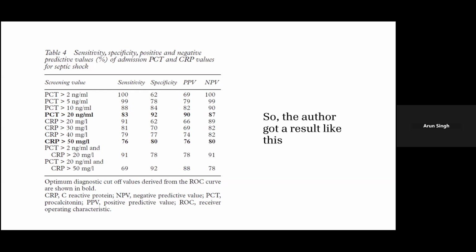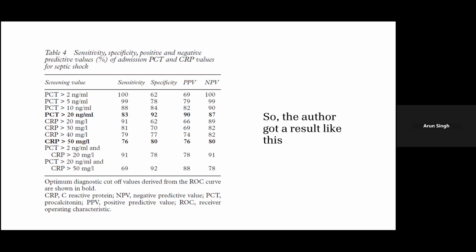So, ma'am, my question is, these numbers are 83% sensitivity and 92% specificity. How does one take a decision based on this? Is it arbitrary?